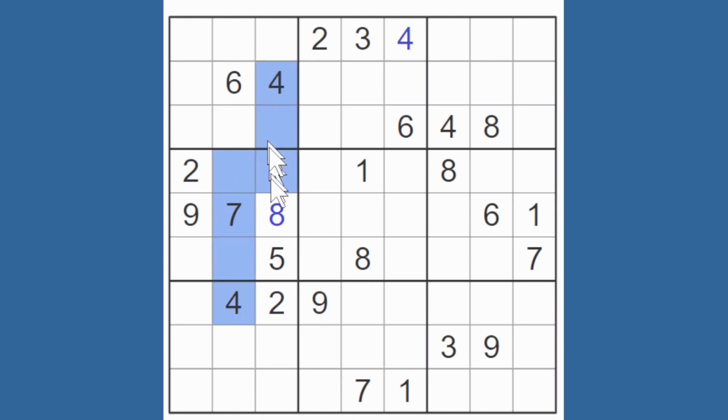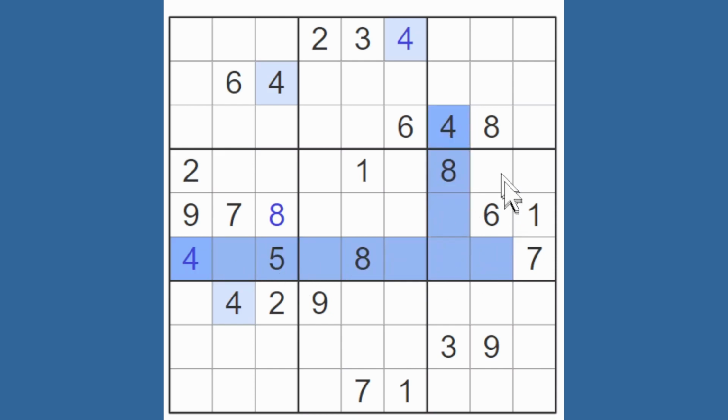Four is blocked down like so, therefore this is a 4. And we know now, because of the 4 blocking here and the 4 blocking here, that one of these must be a 4.